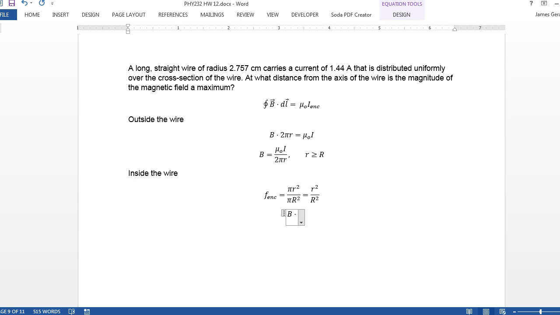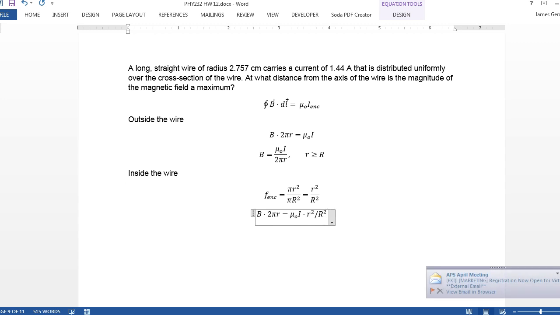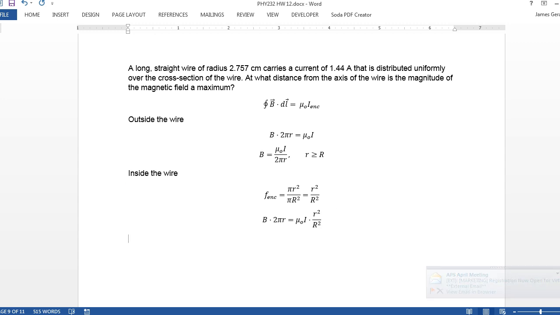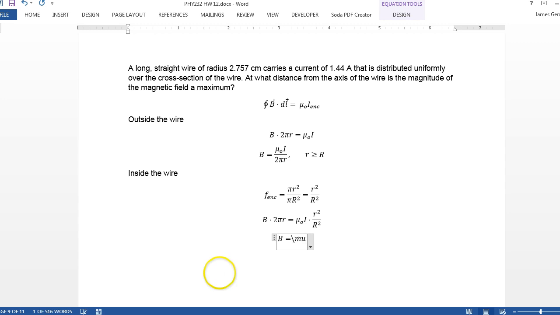Very similar to the other part, B times 2 pi r is mu naught times I enclosed, and now I enclosed is I times this fraction. So now we have everything we need, and what we find is B is mu naught I over 2 pi.